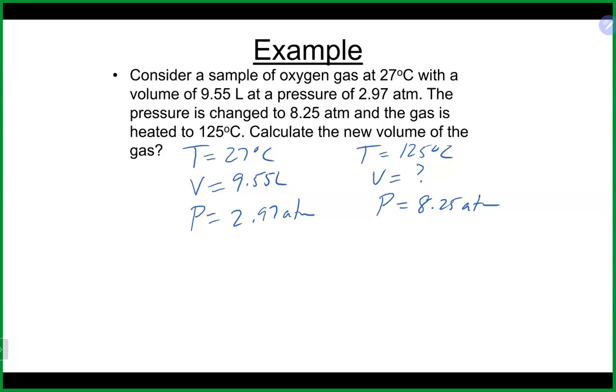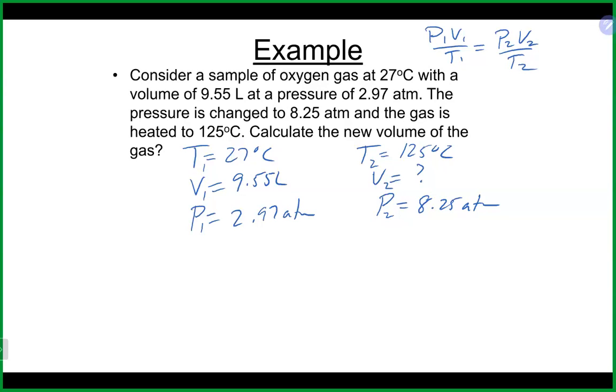Clearly here, this is going to be our combined gas law. It has all three of those variables listed, and it's really the only one that has all three together with twos of each. It doesn't matter which one we list as ones and twos, so usually just go by how it's written in the problem. I'm going to call these the twos and these the ones.